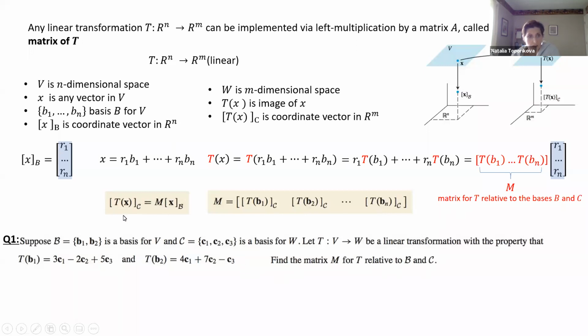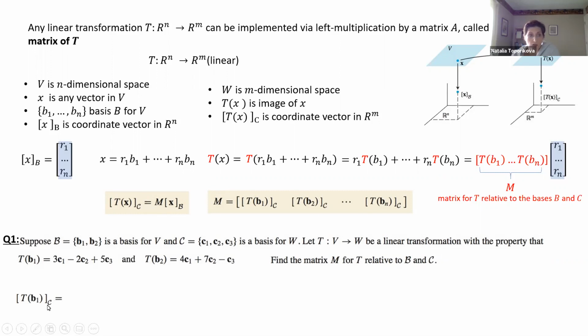Okay, let's start thinking about it. Here, clearly, we are already given the images T of x. So we have two images of two basis vectors, and we know our vectors in the basis B. All we need to find is the matrix of transformation.